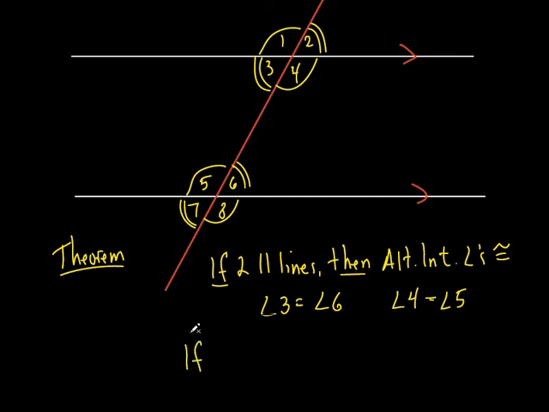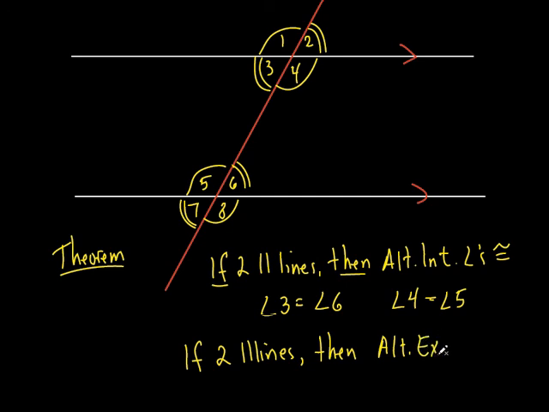I can say, here's another theorem. This is a second theorem. If two lines are parallel, or if you have two parallel lines, forgot my L right there. But if two parallel lines are cut by a transversal, then what else is true? The alternate, oops, I put interior.